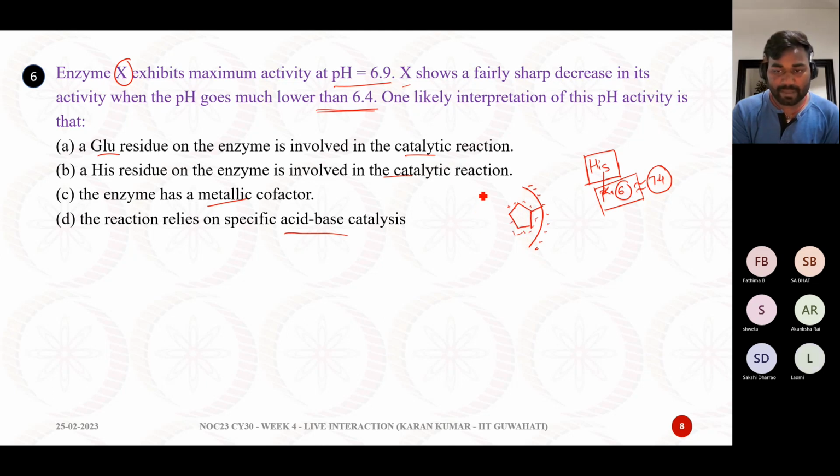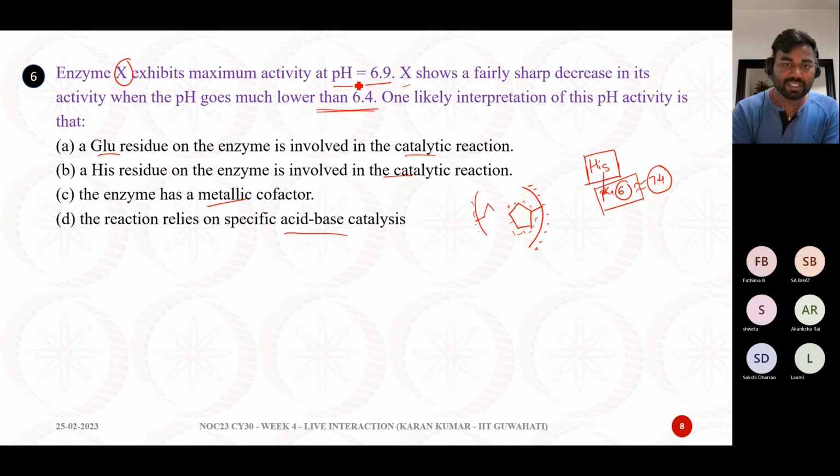If it is surrounded by positively charged amino acid residues, it will contain a negative charge and act as a base. So the speciality of histidine is that it can travel back and forth, and that is why it is found in almost all enzyme catalytic sites.